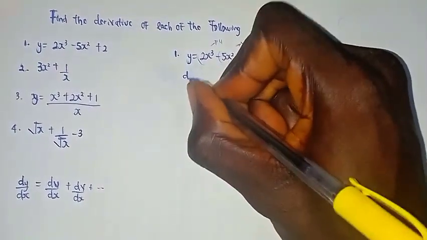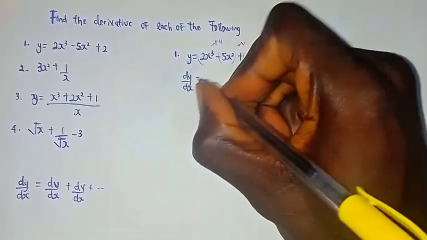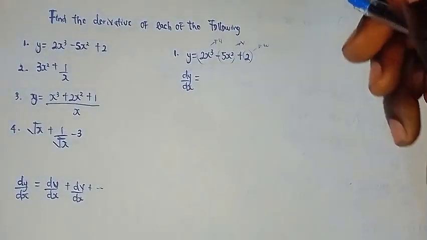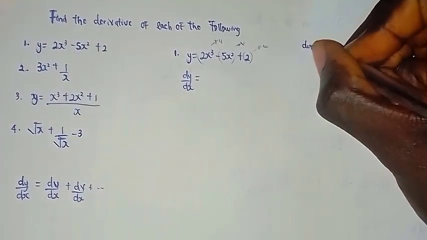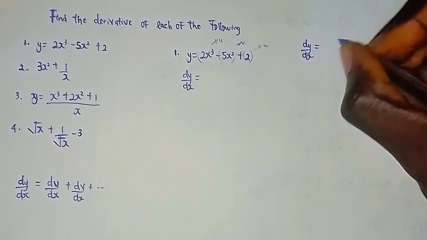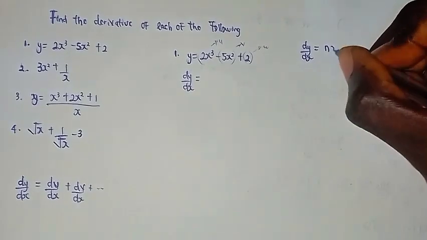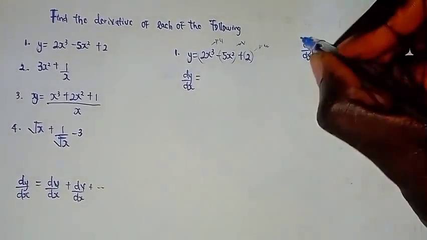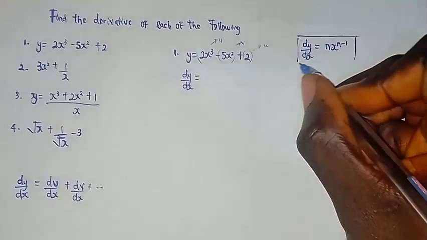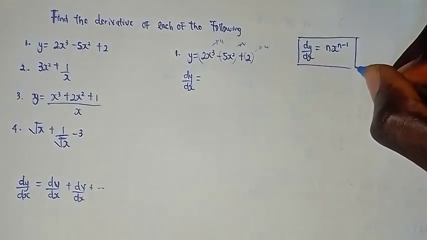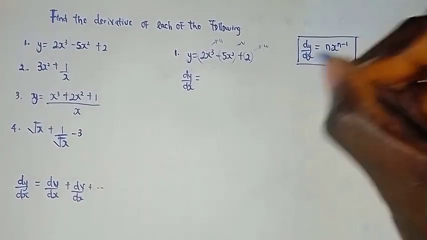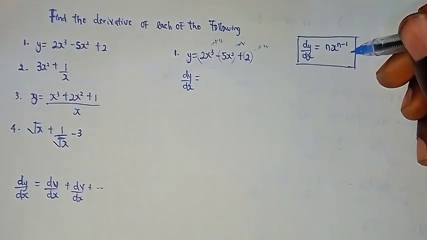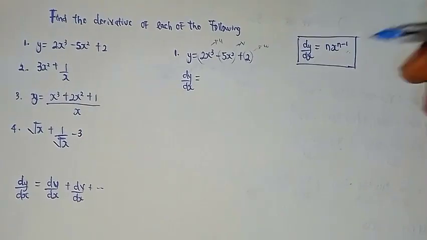So our dy over dx becomes, from the general formula of differentiation, n times x raised to the power n minus 1. Remember, I'll leave a link in the description to a video I made earlier about how this formula was derived.